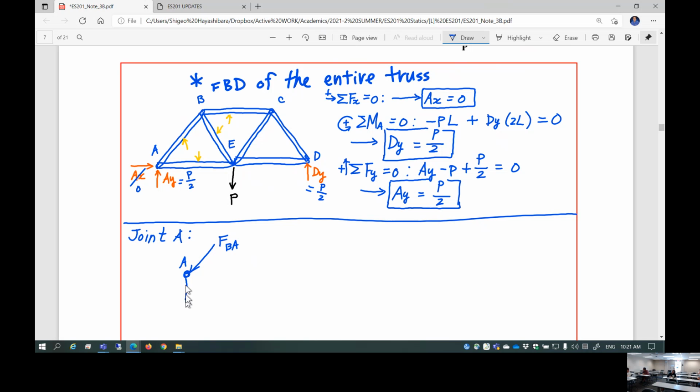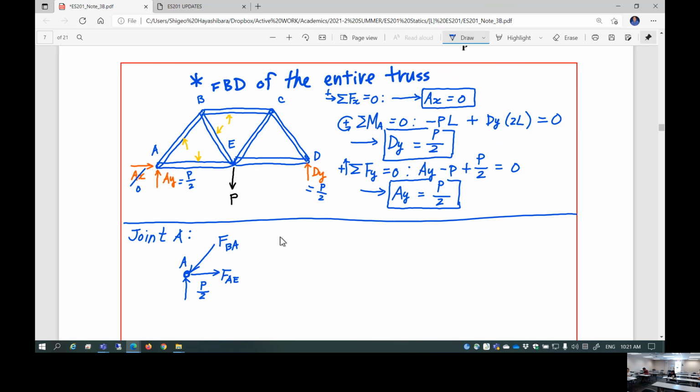And then you have half P. And then this is force FAE. Okay, three forces acting on joint A.